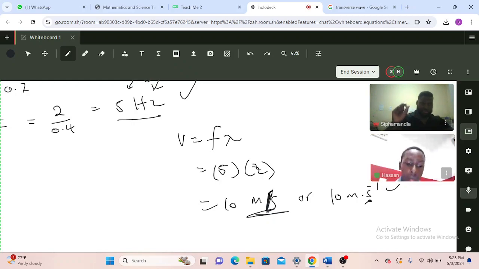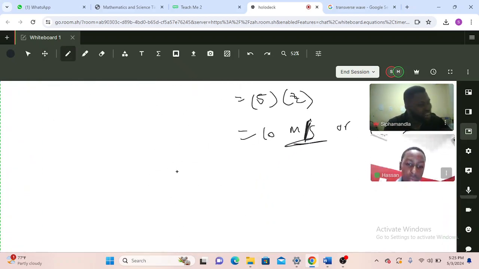So the last thing I want to explain to you when it comes to transverse waves is how to find the amplitude, because in some cases they can trick you.